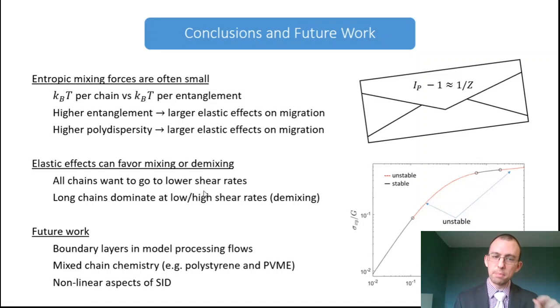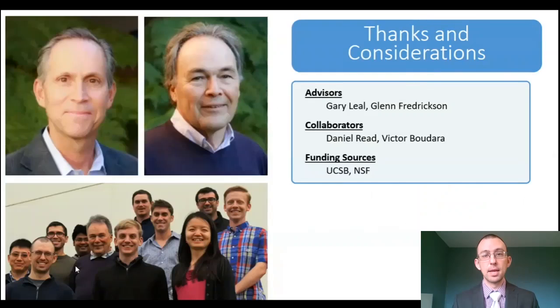And in particular, favoring mixing, I've only seen that really a lot in bidisperse blends. I haven't seen predictions for that as much in polydisperse blends. In future work, there could be some really interesting stuff to do with boundary layers in model processing flows that may have direct application to flow-induced fractionation and things like die-drool phenomena.